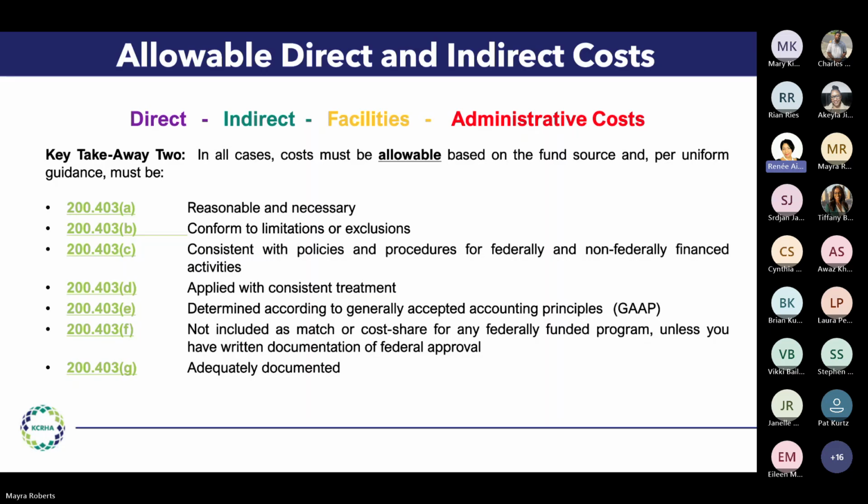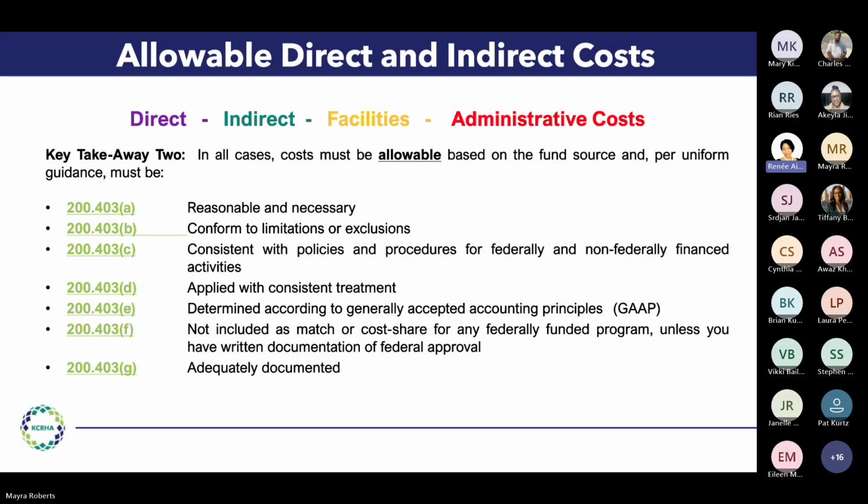And our direct or indirect costs are not included as match or cost shares for any federally funded program unless you have written documentation of federal approval, right? So COC funds can never be matched for any other fund source. However, ESG, which also requires match, can be matched for COC, right?